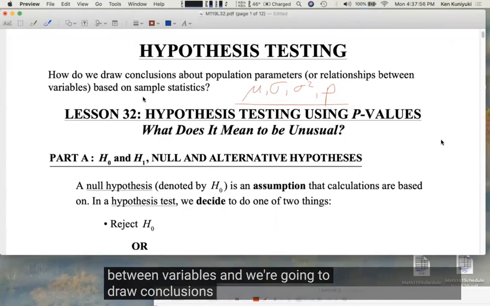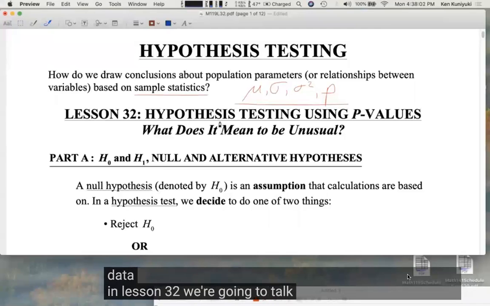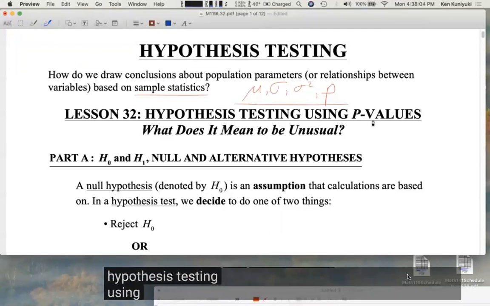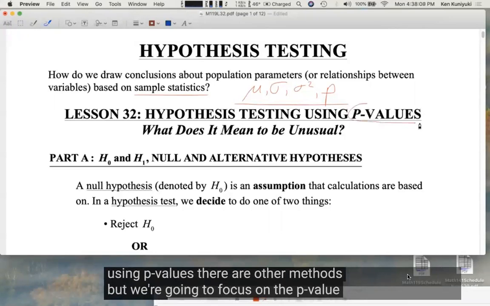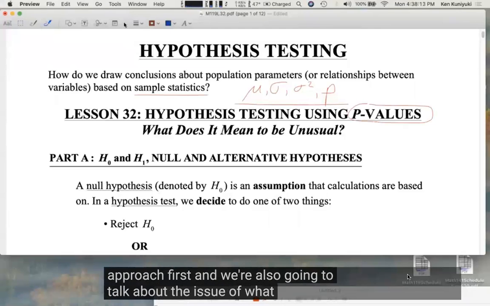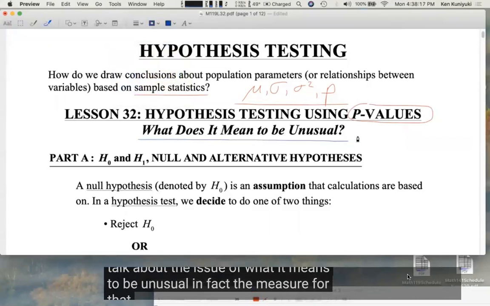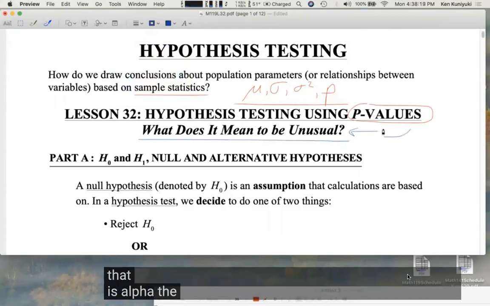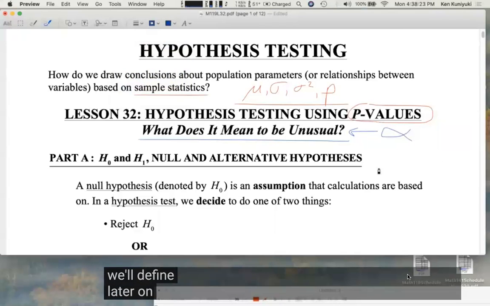We're going to draw conclusions based on sample statistics that we gather from sample data. In lesson 32, we're going to talk about hypothesis testing using p-values. There are other methods, but we're going to focus on the p-value approach first. And we're also going to talk about what it means to be unusual. In fact, the measure for that is alpha, the significance level, which we'll define later on.